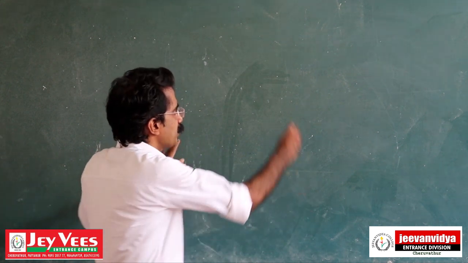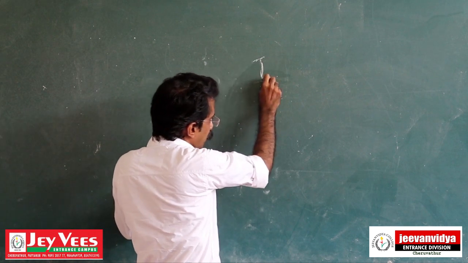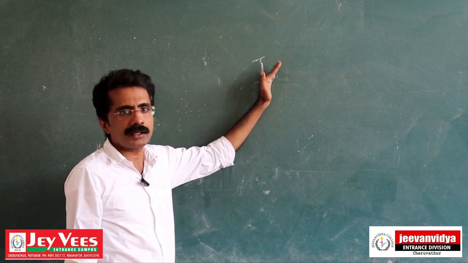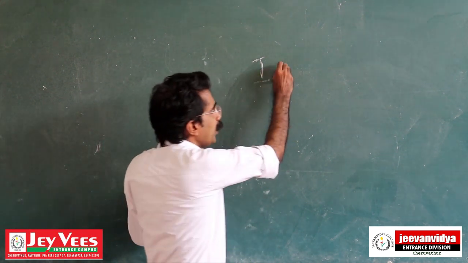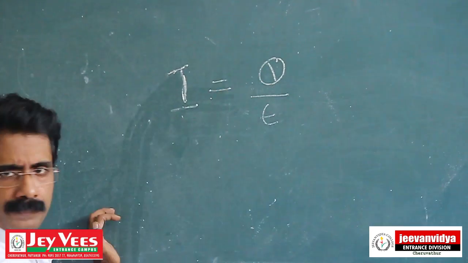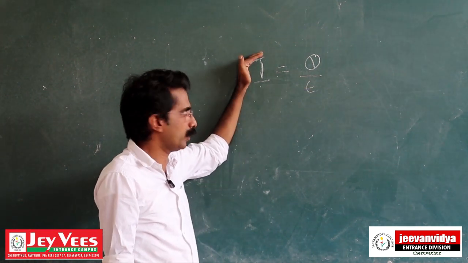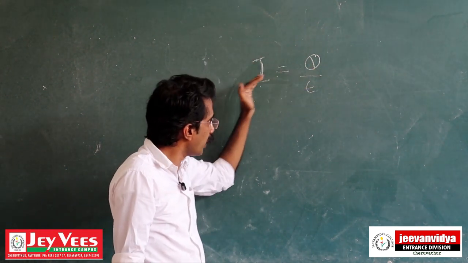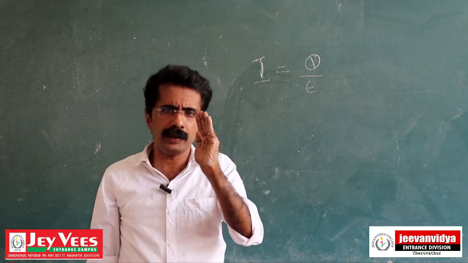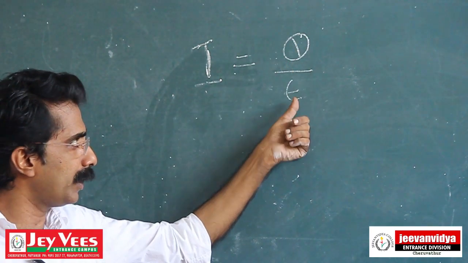It is denoted by the letter I. I is equal to Q by T. Q is the charge and T is the time. I is equal to Q by T. So, current is defined as the rate of flow of electric charge.